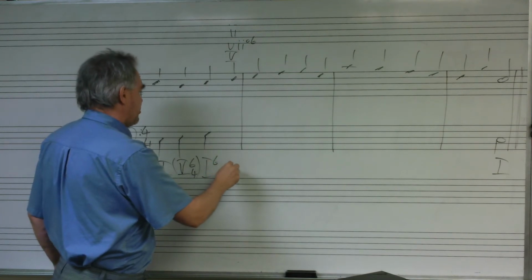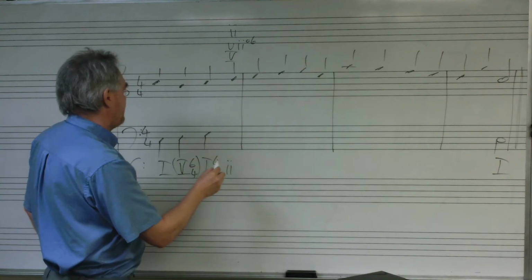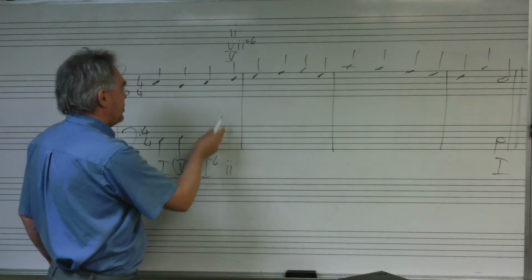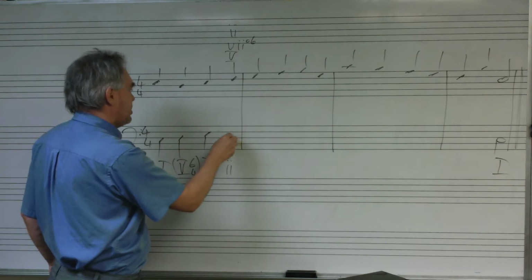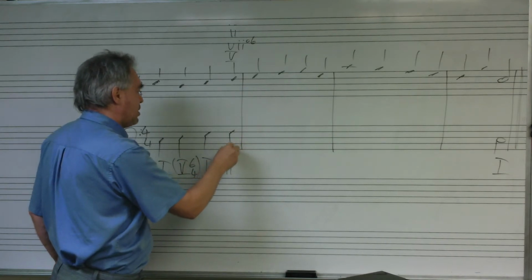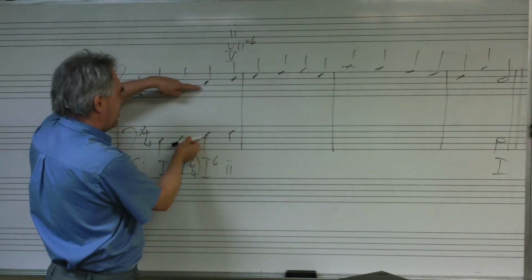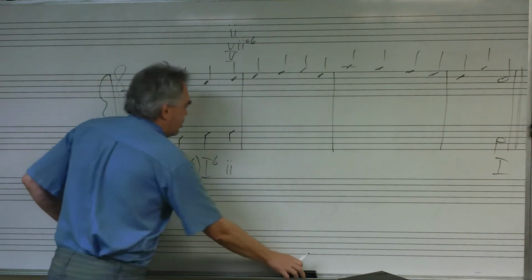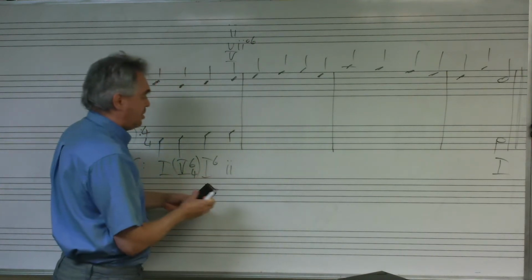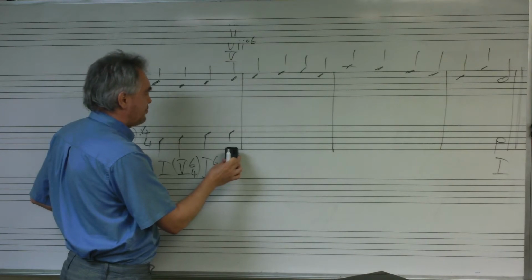So if we go to a ii chord, then we could possibly go in either direction, either up, in which case we go in parallel 6, in which case the ii chord would be in first inversion, or we could go down.